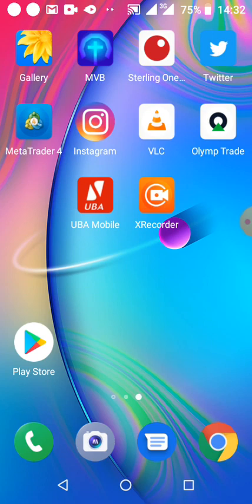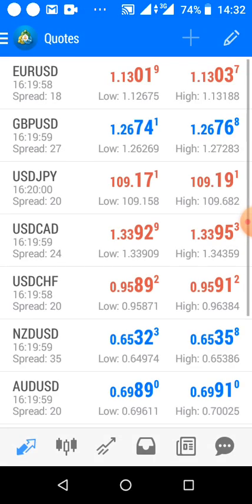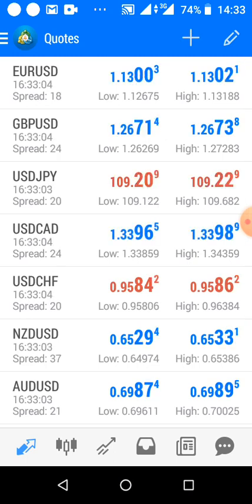So from my screen here, I open my MT4, and of course you can see my MT4 is now open. I just logged onto my MT4, and what you are seeing on the screen now is what is called the quote window.